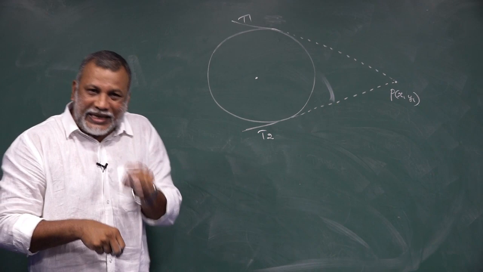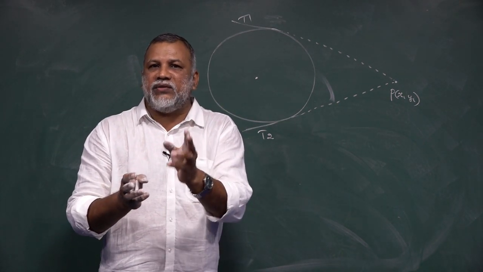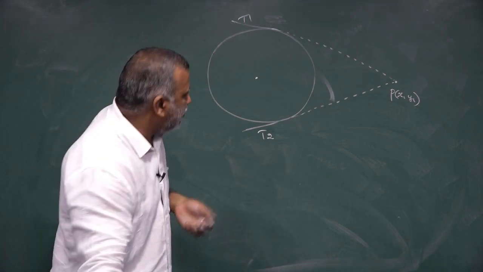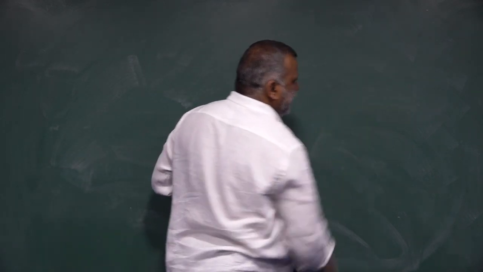Now we are going to derive this. How are we able to derive the equation of the two tangents theoretically? Now listen. Just now we worked out a condition.